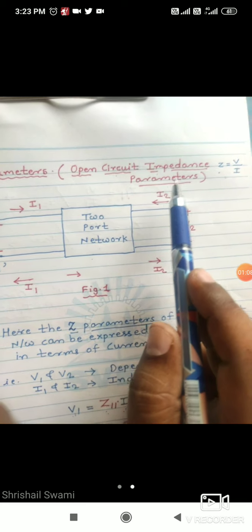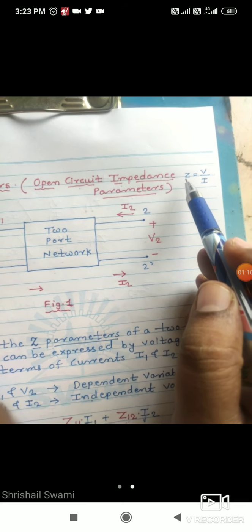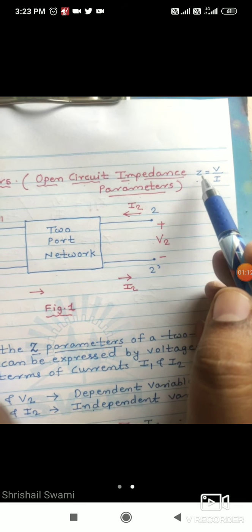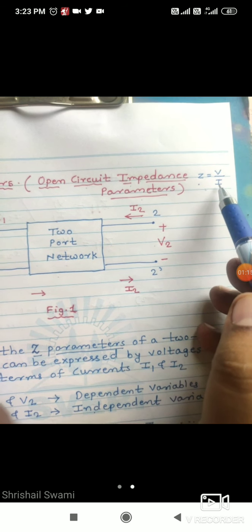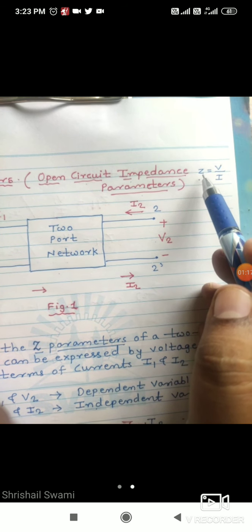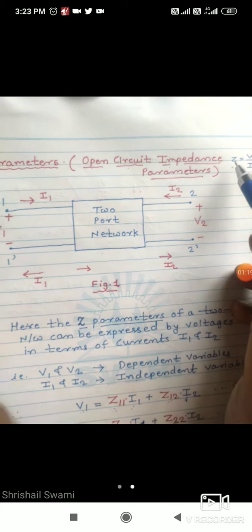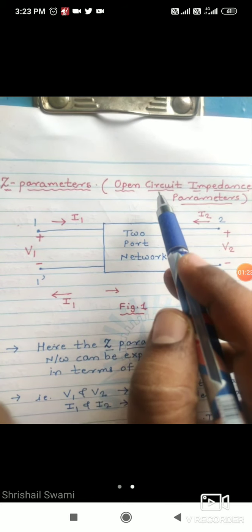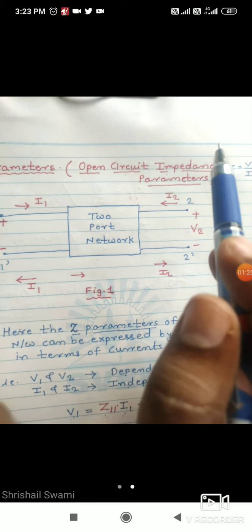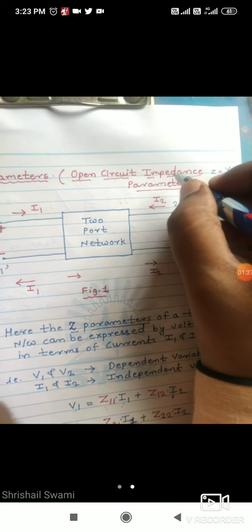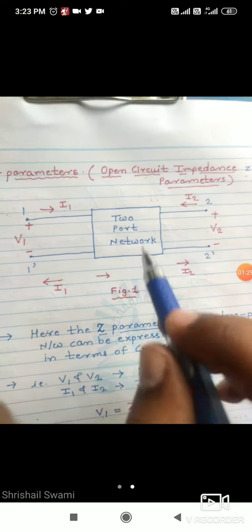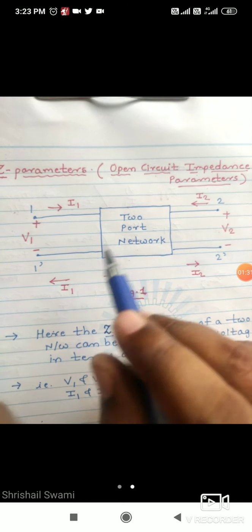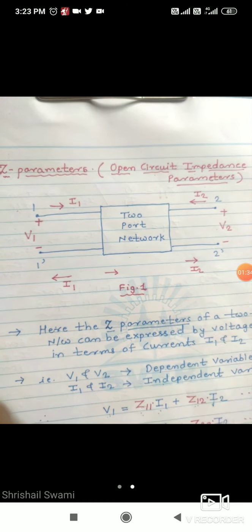Impedance is denoted by the letter Z. Impedance is nothing but V upon I. Do you understand? The impedance unit is ohm. So we are going to find the Z parameters. Why is it called open circuit? Why is it named impedance? Everything we can learn in this particular parameter.